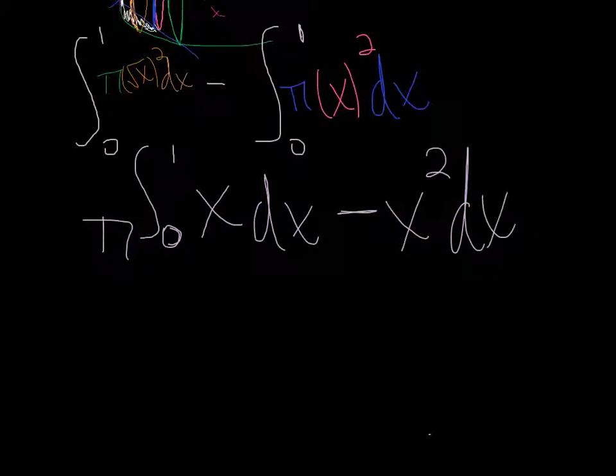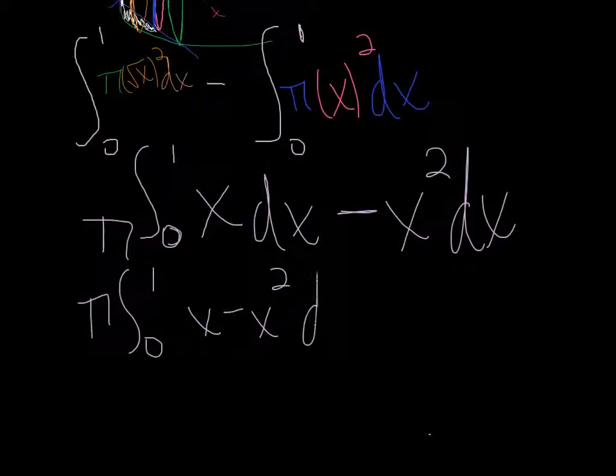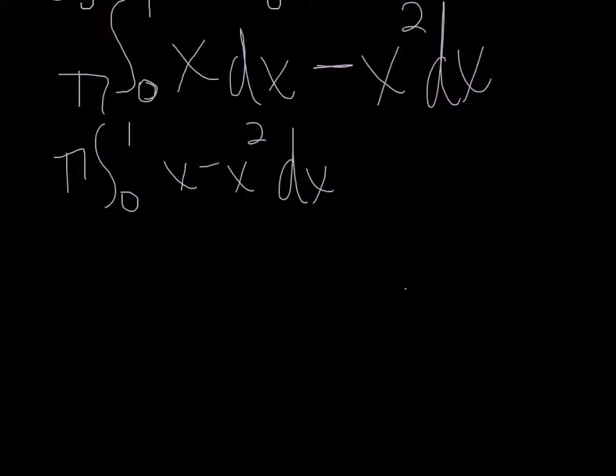So you could generalize it again as pi, integral from 0 to 1, of x minus x squared dx. Now to integrate, we still have the pi out front.